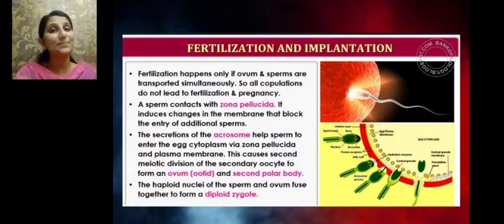The acrosome is a part of the head region, which is filled with lytic enzyme. It helps the sperm to enter the egg cytoplasm via the zona pellucida and the plasma membrane.